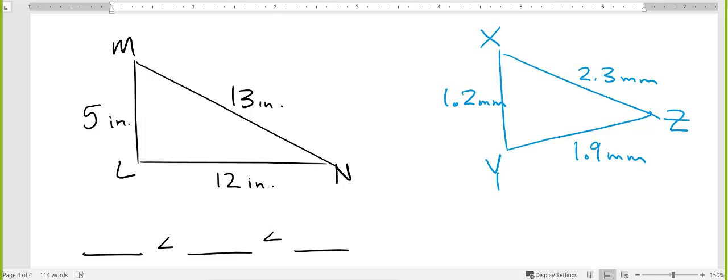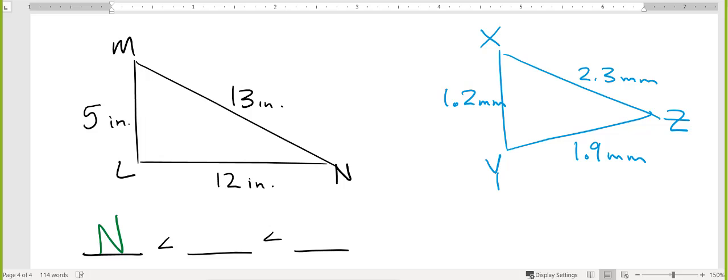Which side length is the smallest? 5 inches, 13 inches, or 12 inches? The 5 inches is the smallest. The angle opposite this side is angle N. It's going to be the smallest angle.